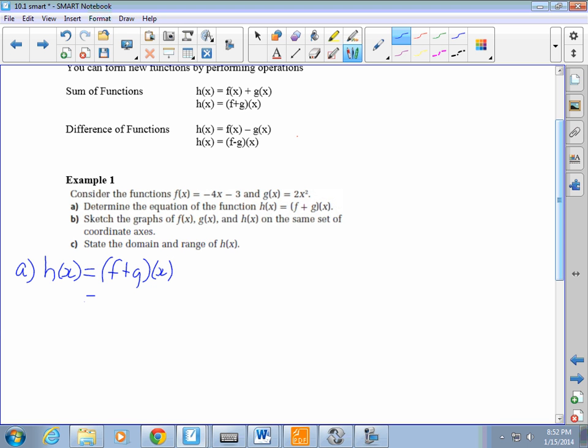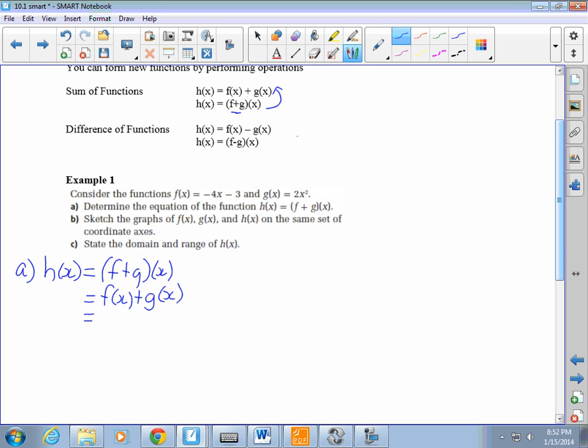So what we do then is we take each of these functions separately. So I'm working from this idea and going back up to that one. So this is the same as saying f of x plus g of x.